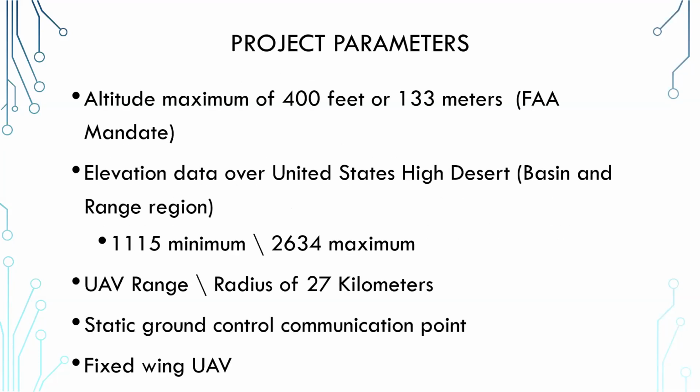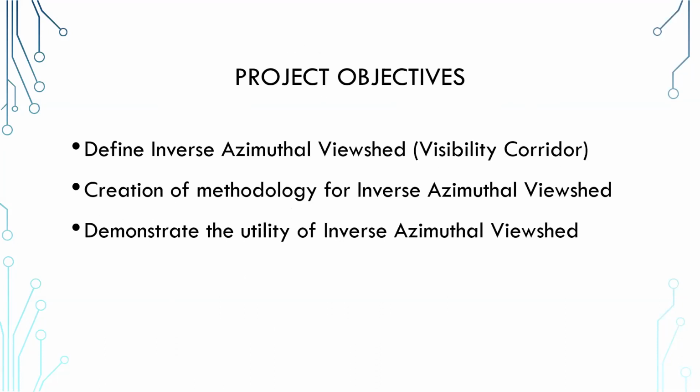Oops, I'm sorry, I need to go back one slide, so excuse me. This presentation seeks to prove the utility of an inverse azimuthal tool, also known as a visibility corridor. This tool will provide data that enhances an already available ArcGIS tool for visualizing line of sight from a point to an area to relay a visibility factor.